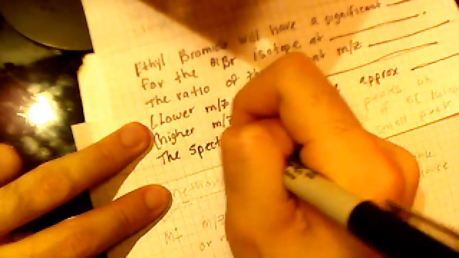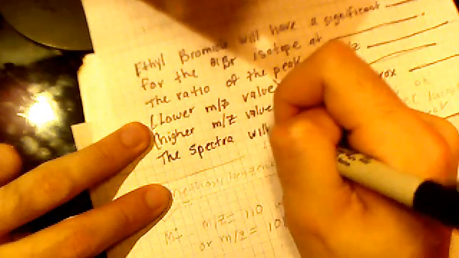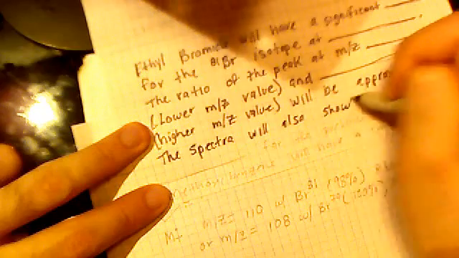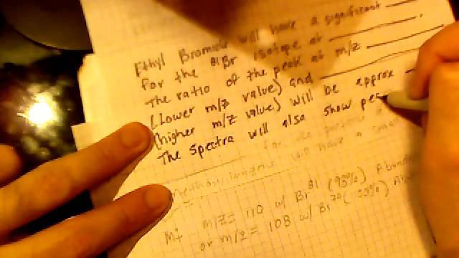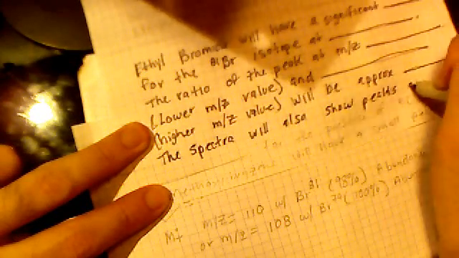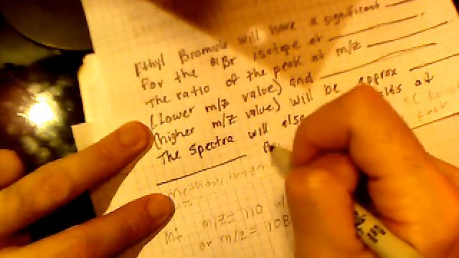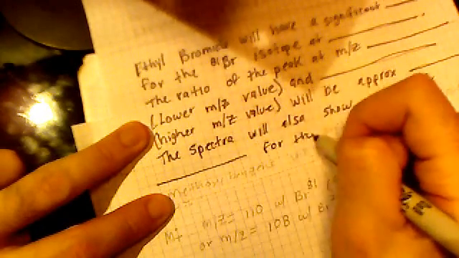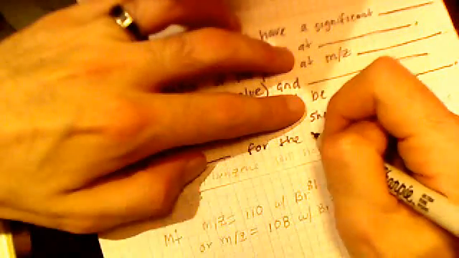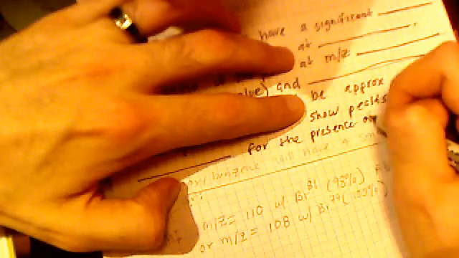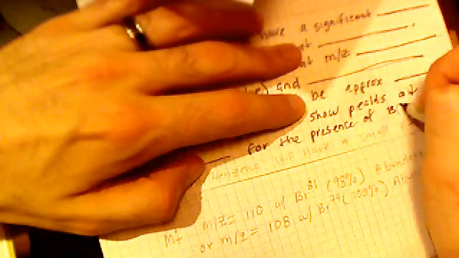The spectra will also show peaks at blank for the presence of carbon-13 isotope.